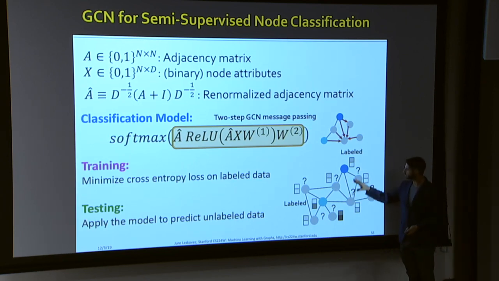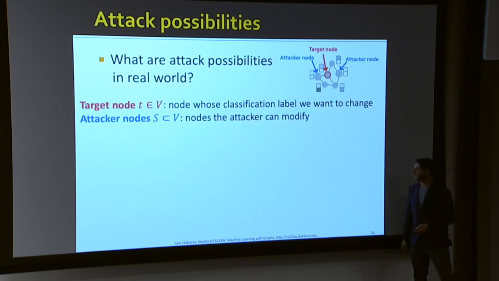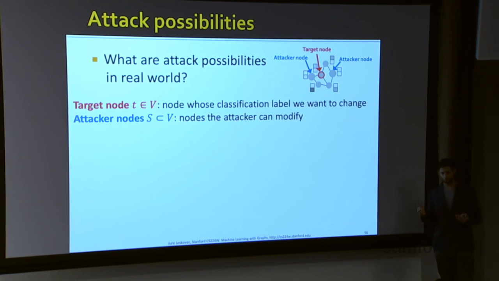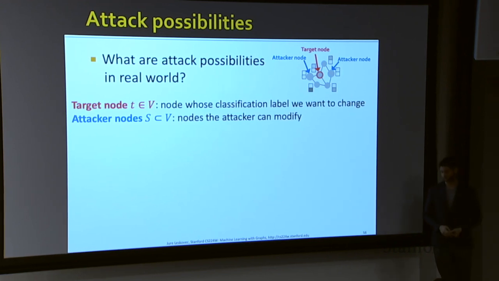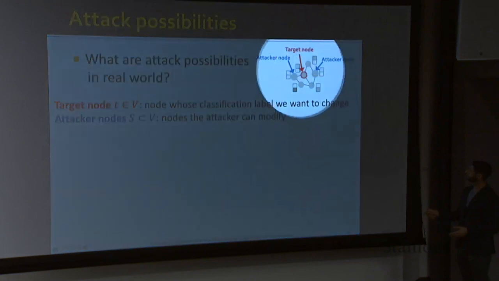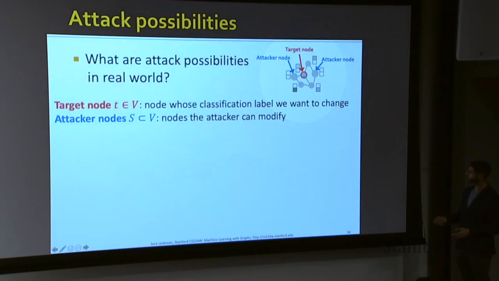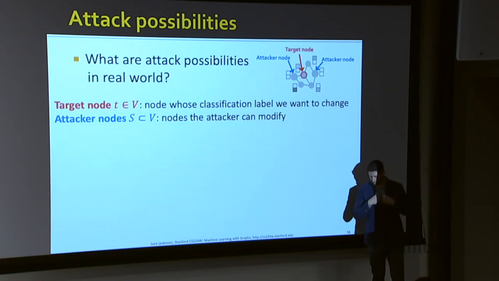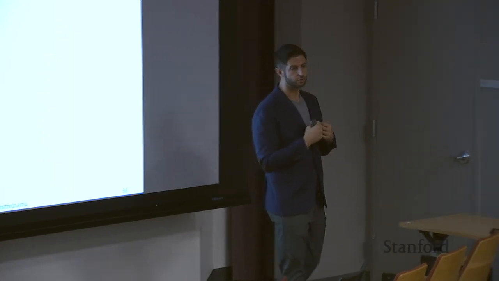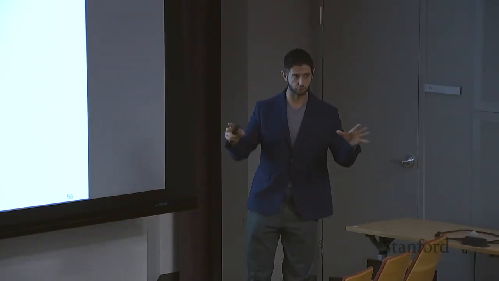So now that we clarified the context, how can this be attacked, how easy is this to attack, and what kinds of attacks can we perform in this scenario? There are different attack possibilities, and let's first distinguish the different domains. We have both the target node and the attacker nodes. The target node, let's say, is our fake news account on Twitter that we want to boost and recommend to everyone.